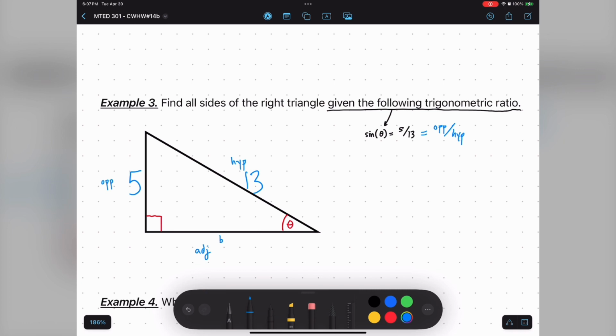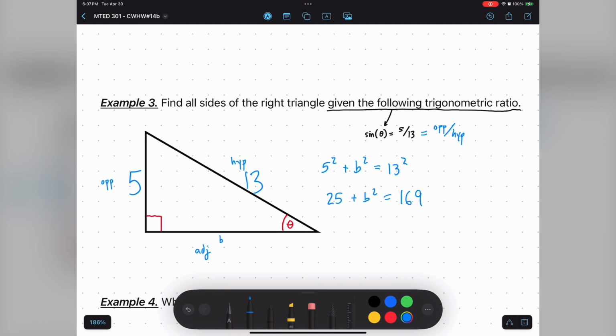So let's say the adjacent side is B. Now I'm just going to take my numbers and plug them straight into the Pythagorean theorem. So 5 squared plus b squared is 13 squared. 5 squared we know is 25, plus b squared is going to equal 13 squared, which is 169.